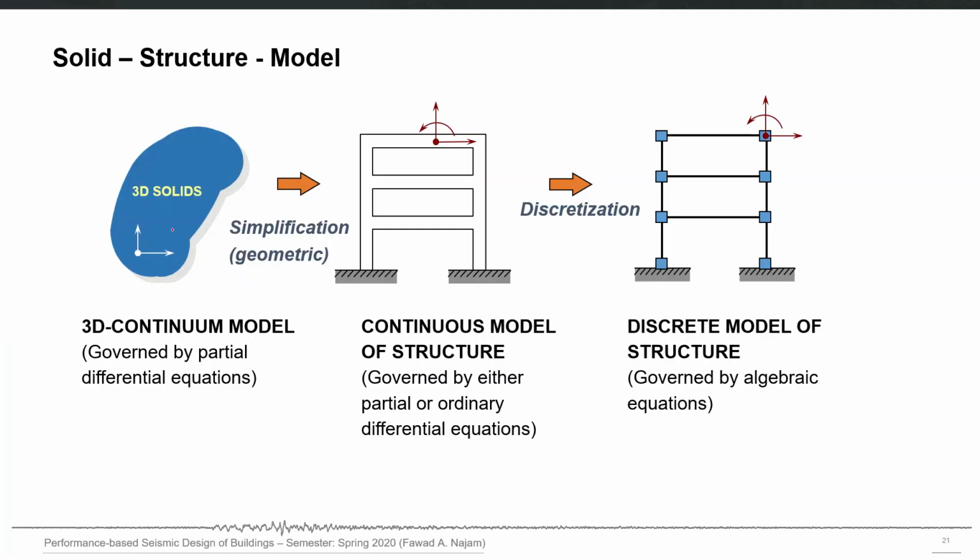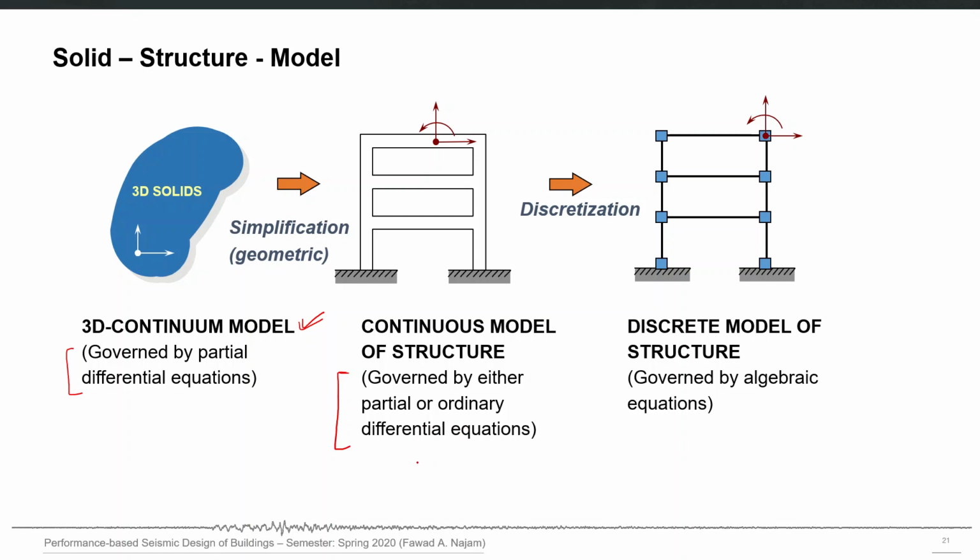Let's say we have a three-dimensional continuum model here, and that is governed by partial differential equations. The very first step of simplification can be geometric simplification, where we idealize this three-dimensional solid into a continuous model of a structure, but that continuous model is also governed by either partial or ordinary differential equations.